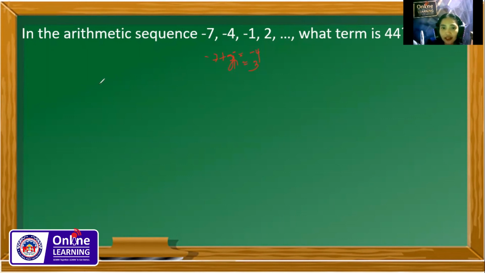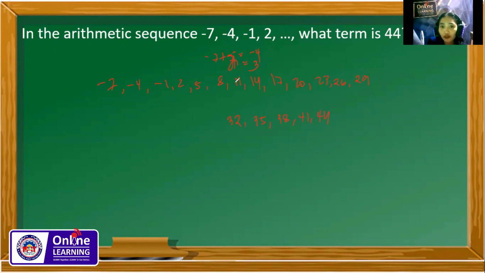So, try natin. Negative 7 and negative 4 and negative 1 and 2. So, tignan natin. Negative 7 plus 3 plus 3. So, negative 1, 2. Then, next is 5. Then, 8. Then 11, 14, 17, 20, 23, 26, 29, 32, 35, 38, 41, and 44.